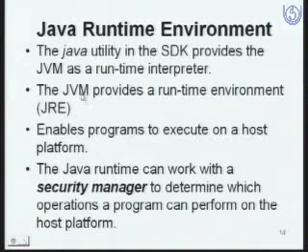So the work of an interpreter is to provide an environment for the program to get executed. Next, by providing this Java runtime environment, it enables programs to execute on a host program.